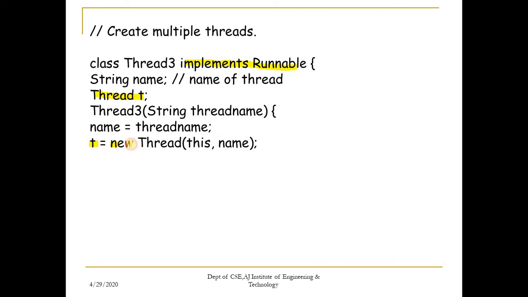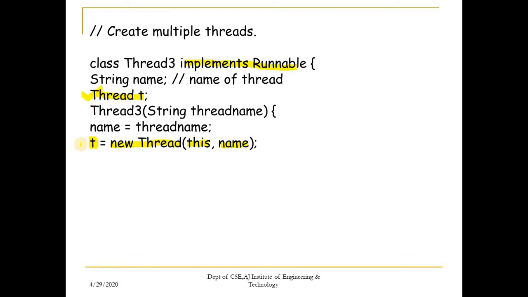I have to call the thread constructor with the object of the class that implements runnable, and I have to pass a string parameter, that is the name for the thread, which will return me a reference to the thread, and that reference will be stored in t.